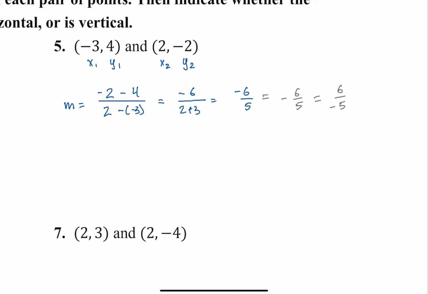The one we'll use most commonly, though, is this one right here, because while we still say this is rise over run, we're going to rise -6. So we would actually go down 6, and then we're going to run 5. So we would have a line that looks something like this. So it's a line where the line is falling.